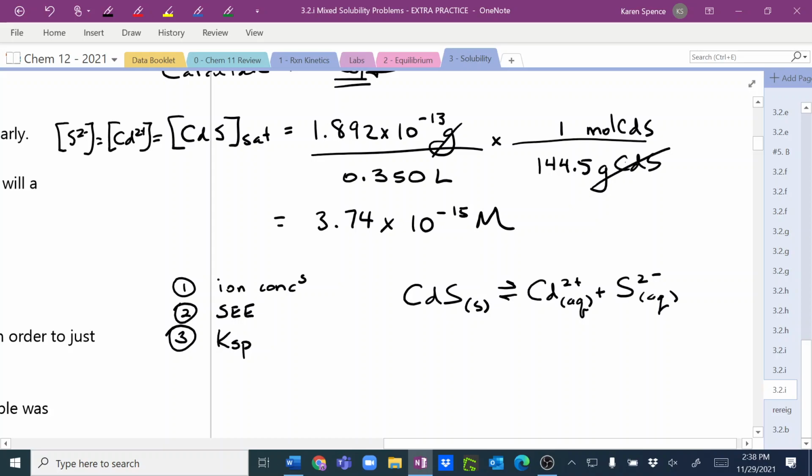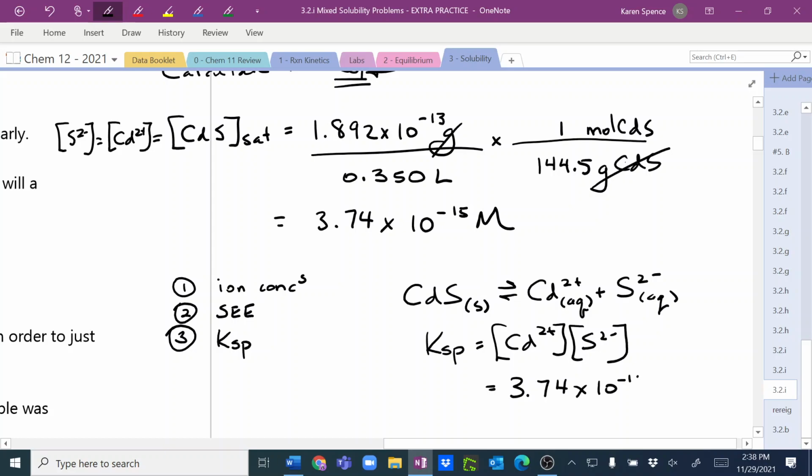and we get Ksp is cadmium times sulfide, is 3.74 times 10 to the minus 15, and I'm just going to square that because it's the same for both of them.